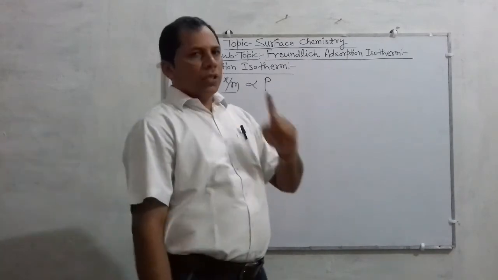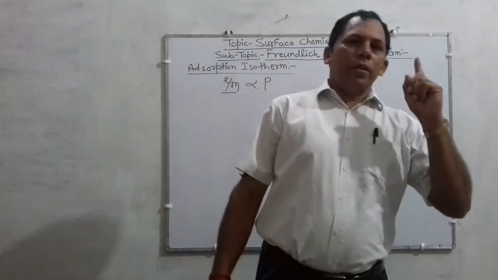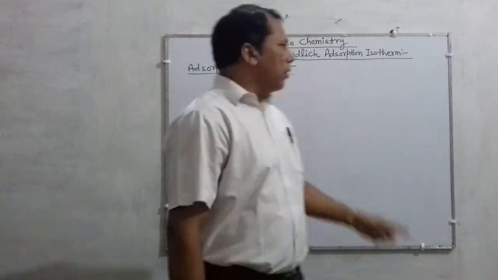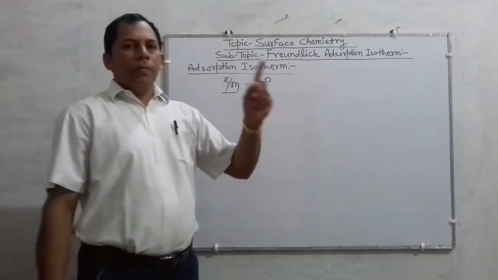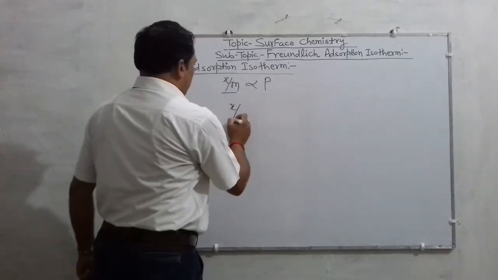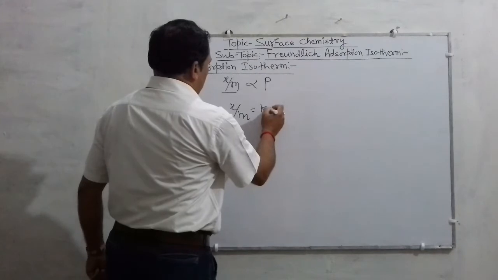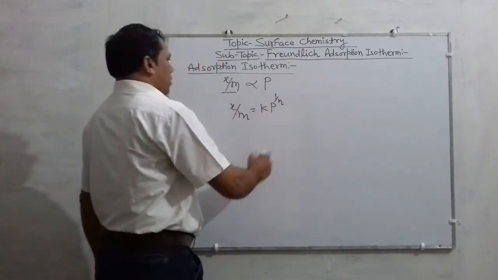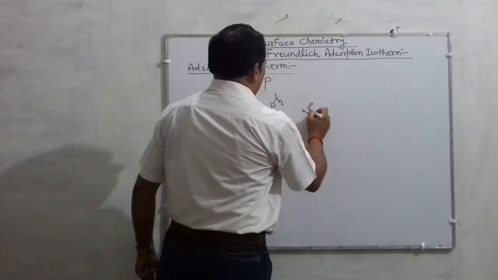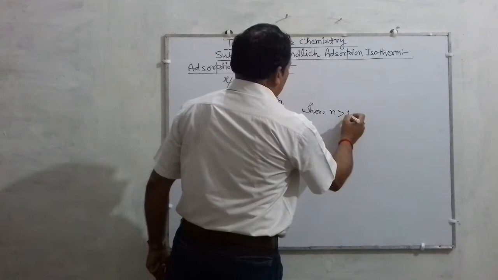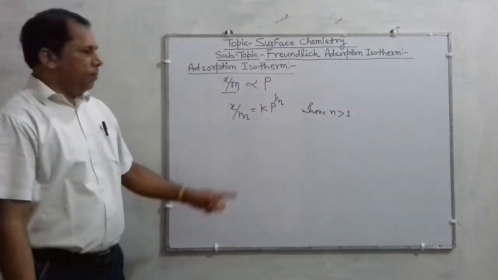The relationship can be expressed as x upon m is equal to k p to the power 1 by n, where the value of n is always greater than 1.